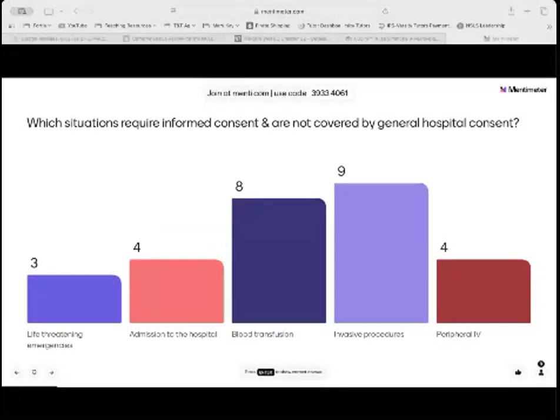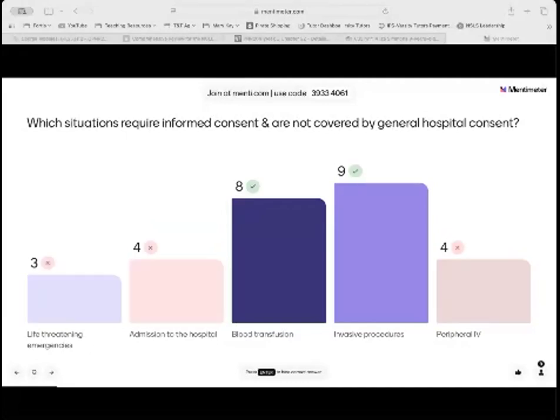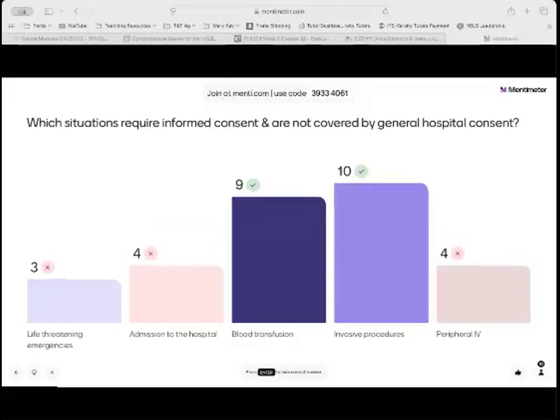Okay. So our general hospital consent is going to cover all of our lab draws, our basic procedures, things that you expect to do to a majority of your patients. It gives us permission to treat you. That extra informed consent is saved for those procedures that not everybody across the board is going to get, or they have an added layer of risk to them.